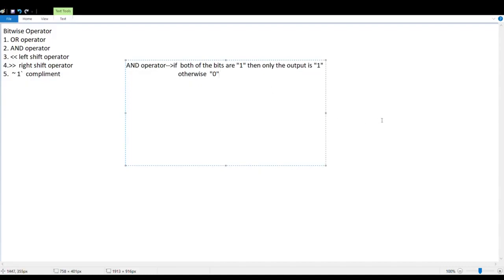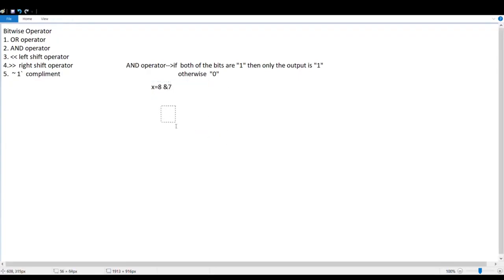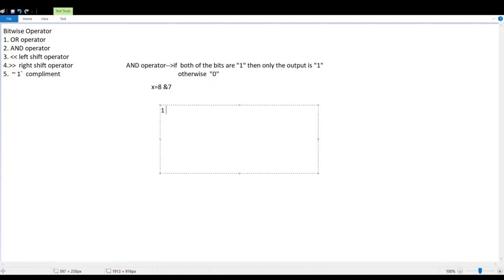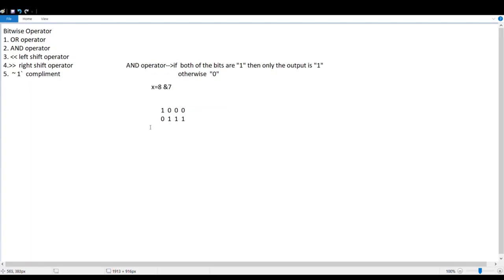Let's take one example. X is equal to 8 AND 7. How do we represent this 8 in the binary number system? As 1 0 0 0. Similarly 7 as 0 1 1 1. And by performing the AND operation on this, as I have told, if both of the bits are 1, then only the output is 1, otherwise 0.